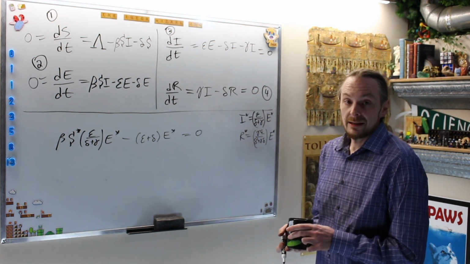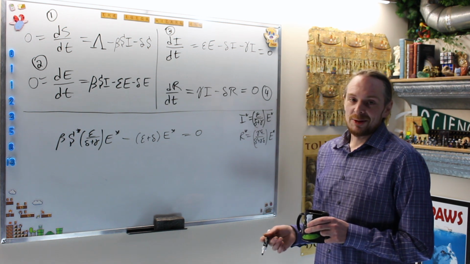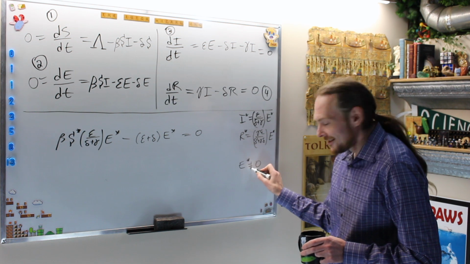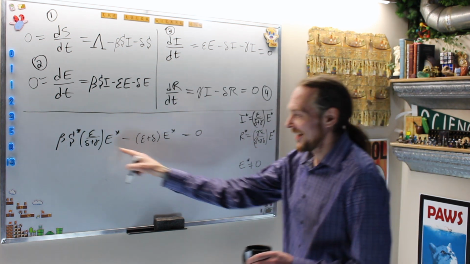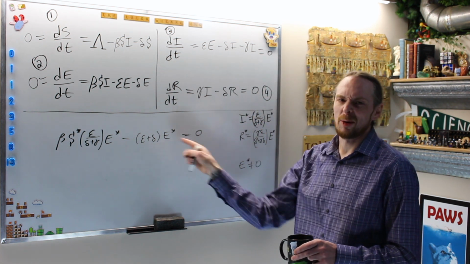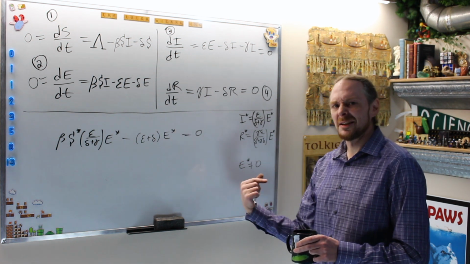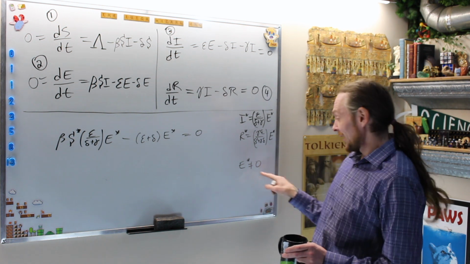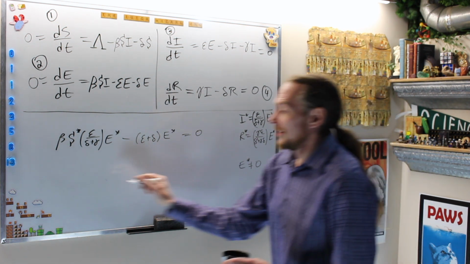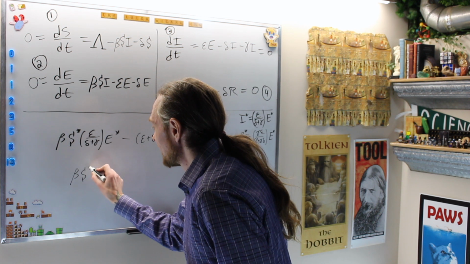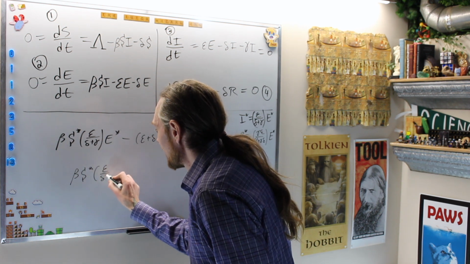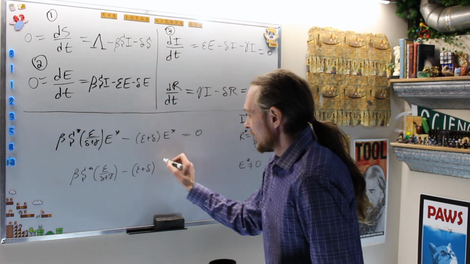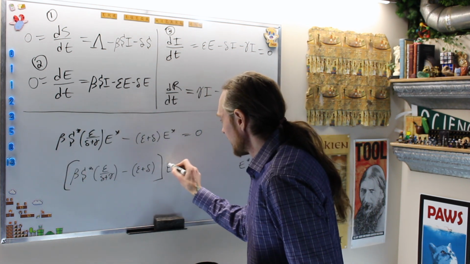What are we going to do with this? This is the last clever trick. What have we assumed in our original thing? I can factor E out and he's not 0. And if I have a product which creates 0, then this is an integral domain, fancy, which means one of them has to be 0. And if he's not 0, it's the other guy. This is beta S star times epsilon over delta plus gamma minus epsilon plus delta, all times E star.